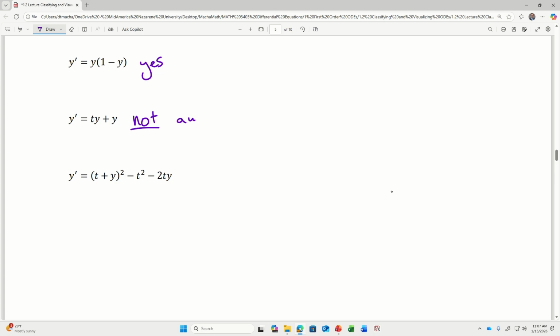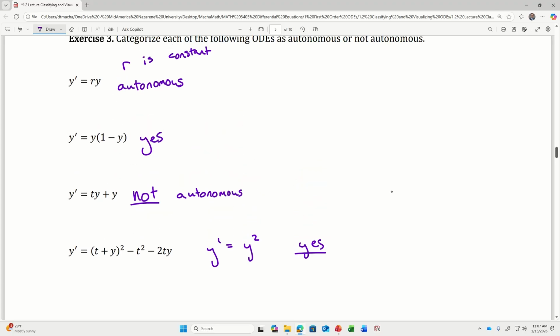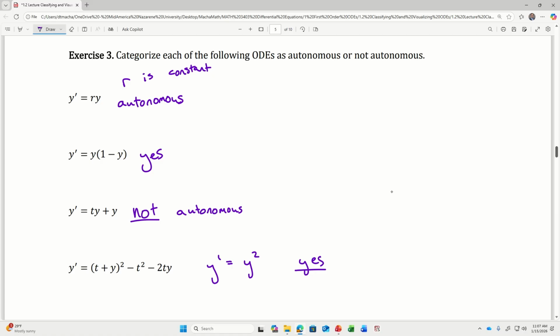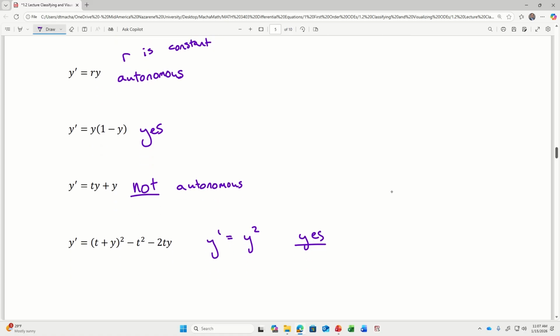What about the last one? That's a trick question. Because if you simplify it, but yeah, you got the idea. If you see the t, then it's not autonomous. If there are no independent variables, then it is autonomous.